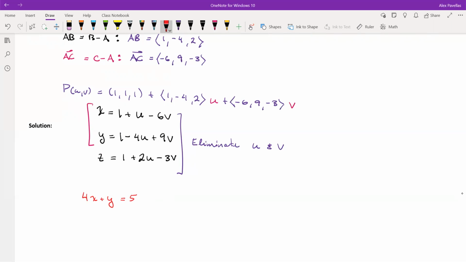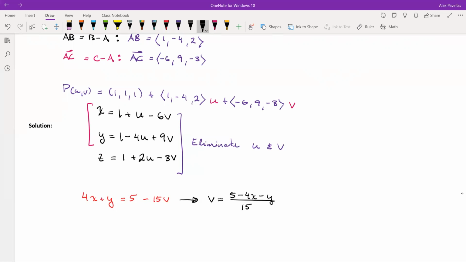Because it's 4u minus 4u. And then minus 24v plus 9v, which would be minus 15v. And then we could solve this for v in terms of x and y, right? So v would be 5 minus 4x minus y, all divided by 15.